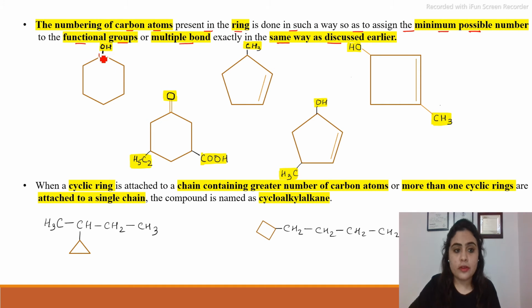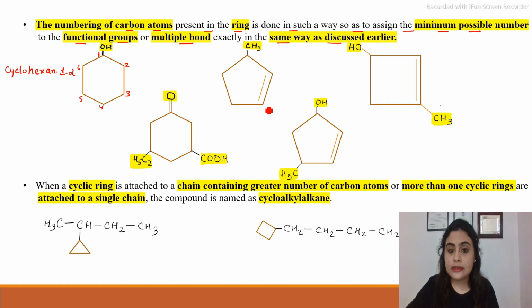So first we'll provide the minimum number to the functional group here: 1, 2, 3, 4, 5, 6. So the name will be cyclohexan-1-ol. Here the alkene is the functional group, so it will get the lowest numbering.